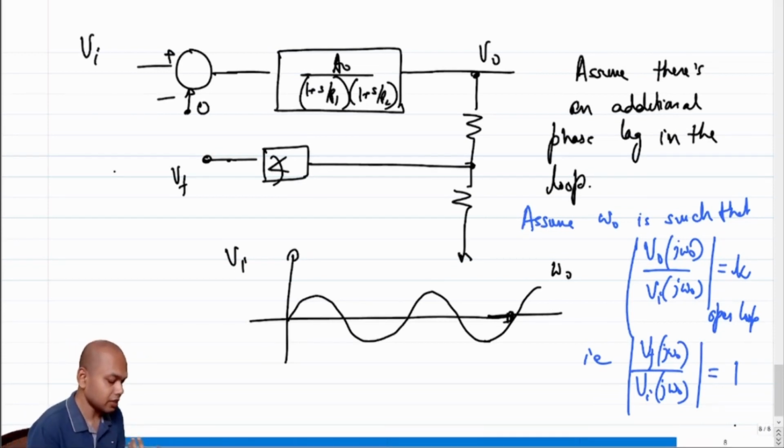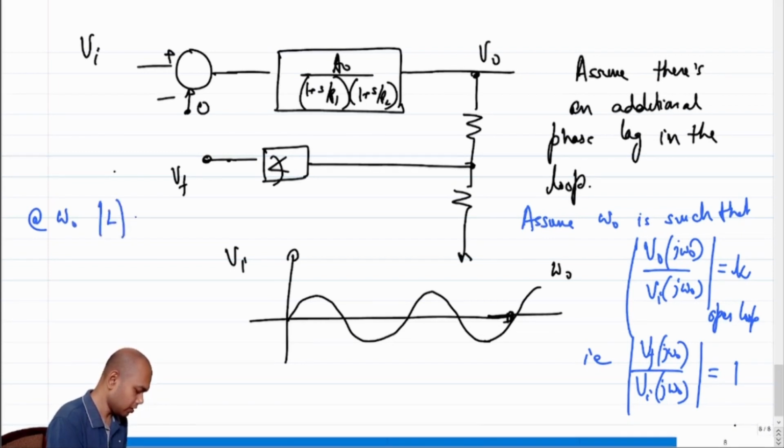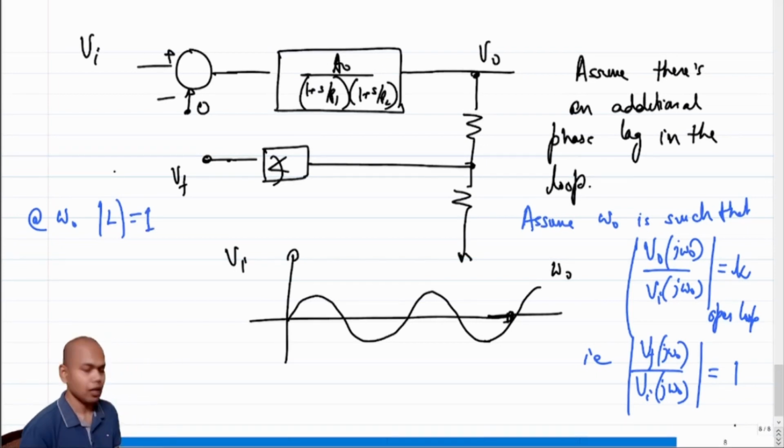In other words, let's assume we are operating at a frequency where the magnitude of the loop gain is equal to 1. So at omega naught, mod of L equal to 1. This is the assumption.